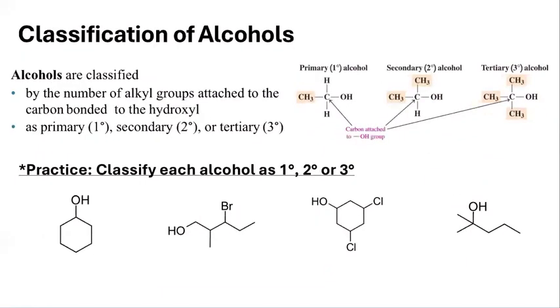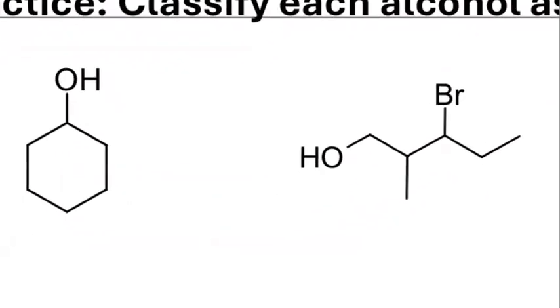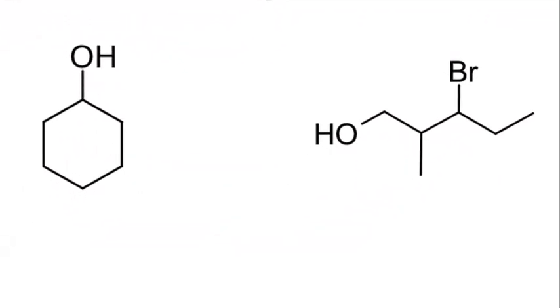As practice, let's look over some of these examples and classify them as primary, secondary, or tertiary. When you're classifying alcohols, it is important to write in the carbons and the hydrogens that are in the molecule itself. For the molecule on the left, this is cyclohexanol. The carbon that is holding the OH is here.